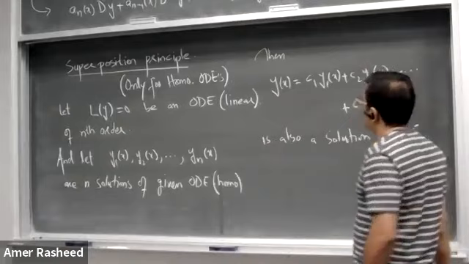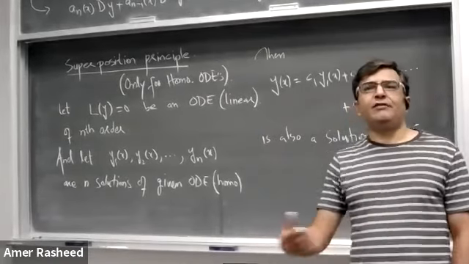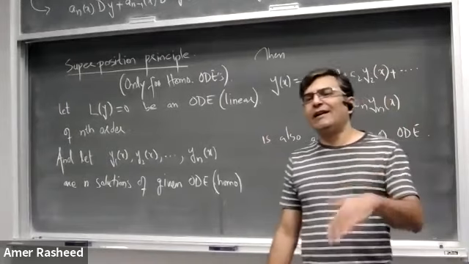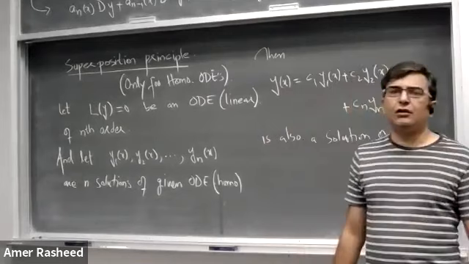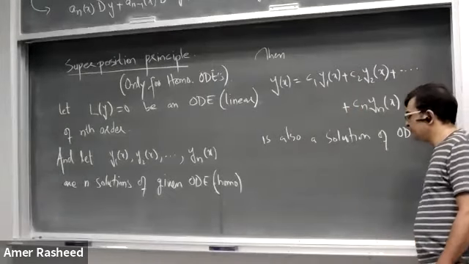This is what we call the principle of superposition. For example, if we have a second order ODE and it has two solutions, then the linear combination is also a solution of the given differential equation.